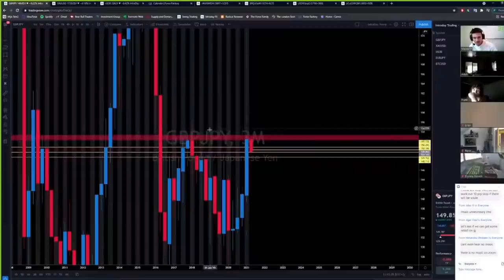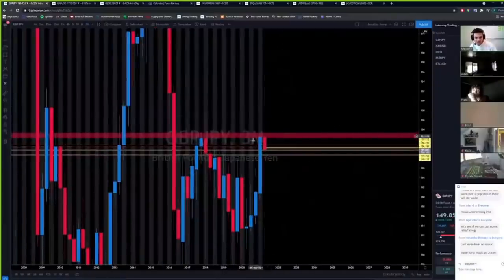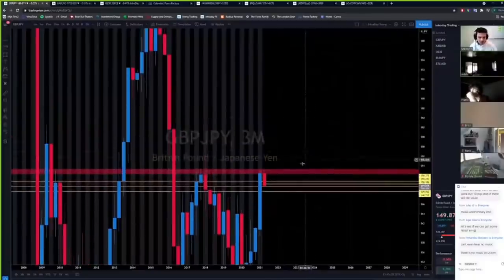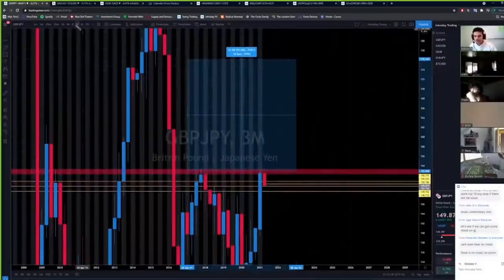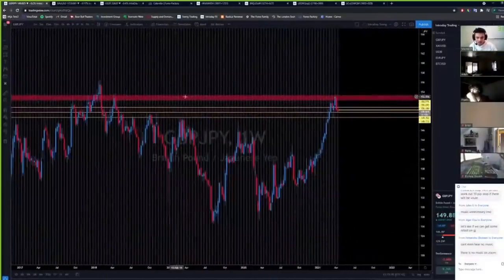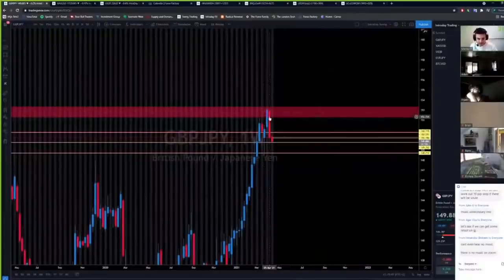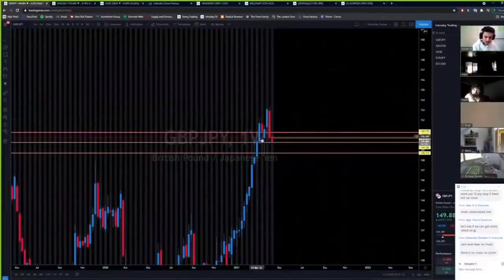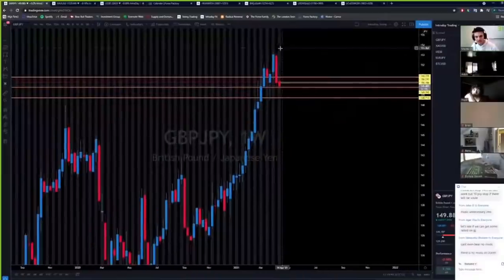We see the weekly coming bearish, and if we can start breaking above this 153 level on the 3-month chart, then we'll see a lot of bullish market. But currently we're at a very strong resistance. That's why we see bearish weekly candles here and not down here.